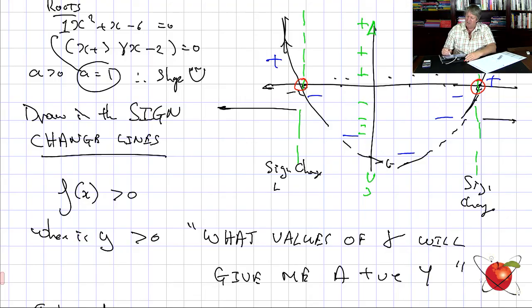Now, I would really recommend that you take this one, and take one out of your books and just follow the recipe for it. Put it down, find the roots, plot the sign change, and plot the little graph. To be honest, this is not really necessary down here.